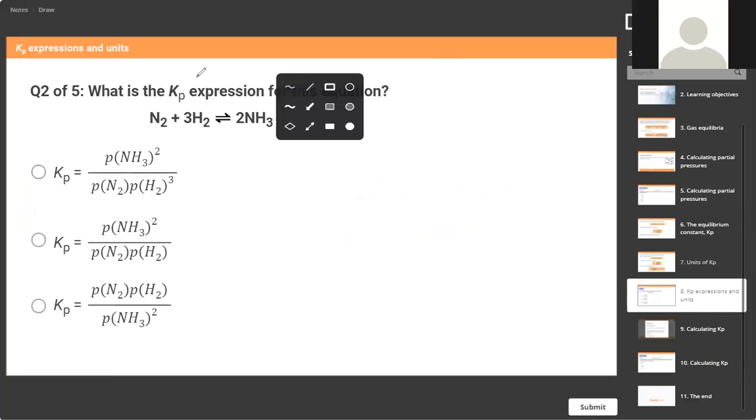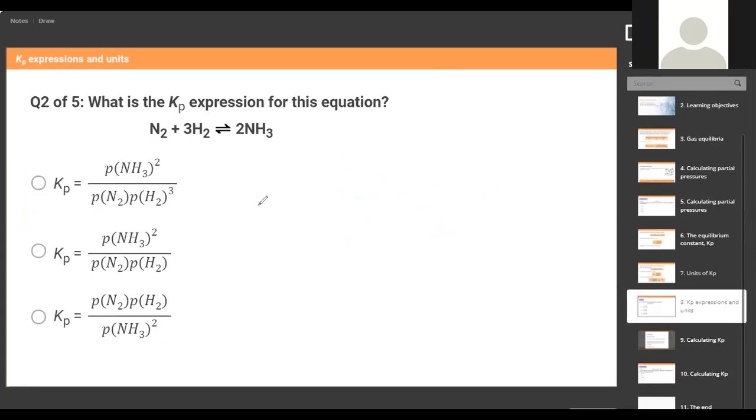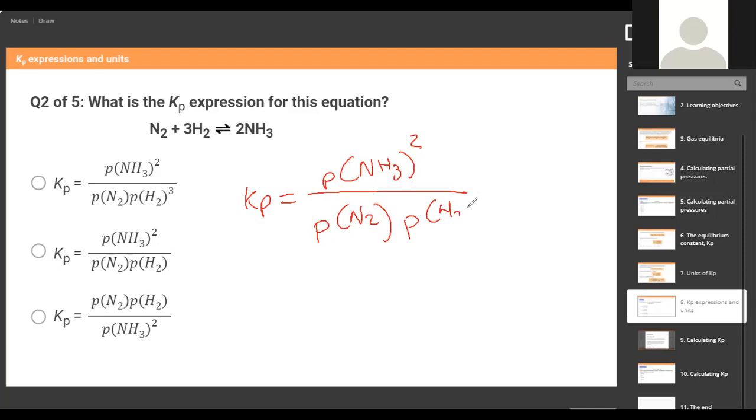We've got Kp equals the partial pressure of NH3 to the power of 2 over the partial pressure of N2 times the partial pressure of H2 to the power of 3. We have the power of 3 and the power of 2 because we've got 3 lots of hydrogen and 2 lots of ammonia. So that will match with our top one again.